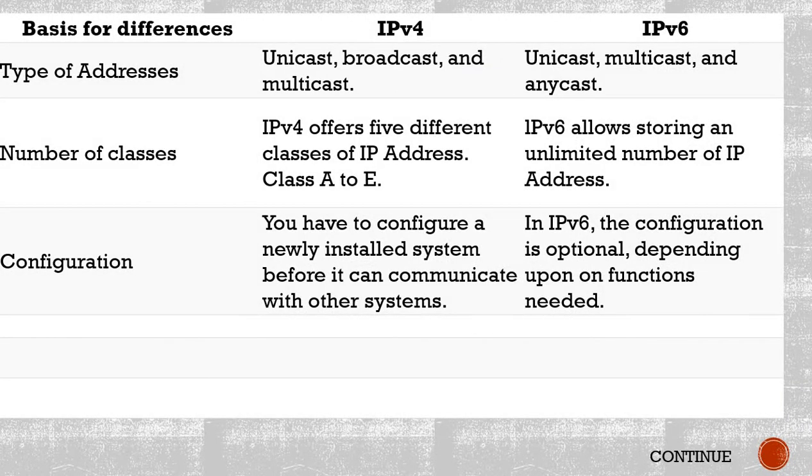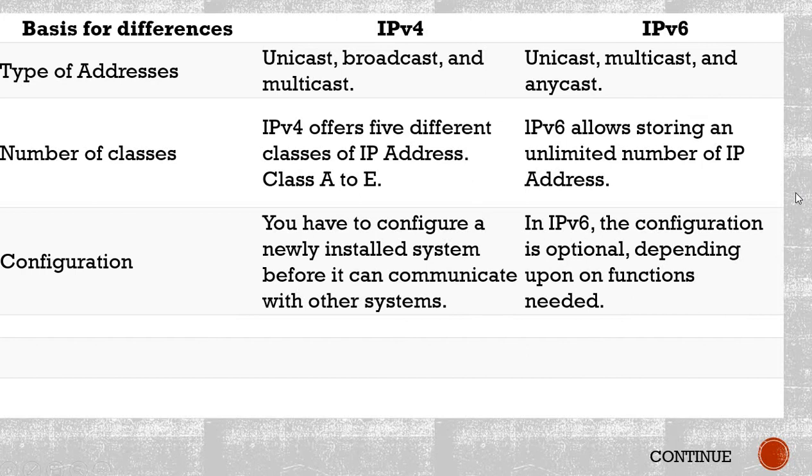Further difference is the type of addresses: unicast, broadcast and multicast. Now in IPv6 anycast gets used. Number of classes: IPv4 offers 5 different classes in IP address, that is class A to E, and IPv6 allows an unlimited number of IP addresses.